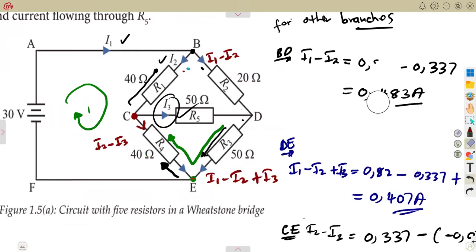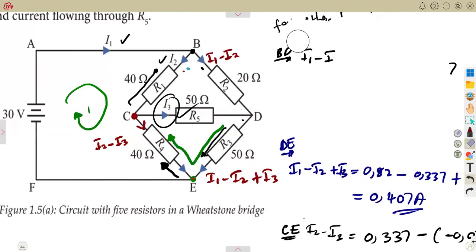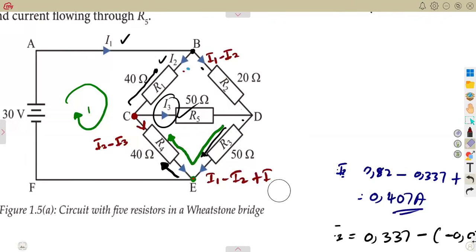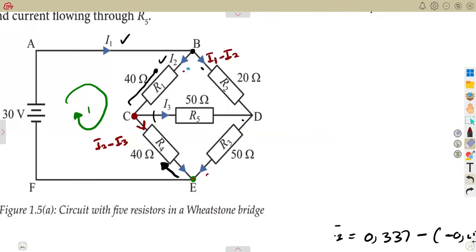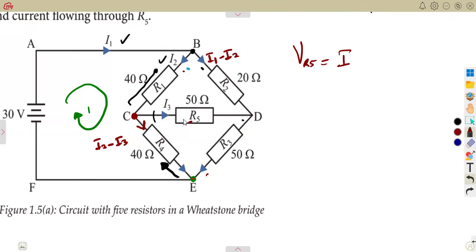We're just going to need voltage. Remember voltage, that is what? Current times resistance. So that's it, guys. To calculate the voltage across this resistor R5, it was going to be current I3 flowing there times R5. So I3, remember, it was a negative. We got this as a negative, but when you are doing calculations for voltage and power, you use it as a positive.